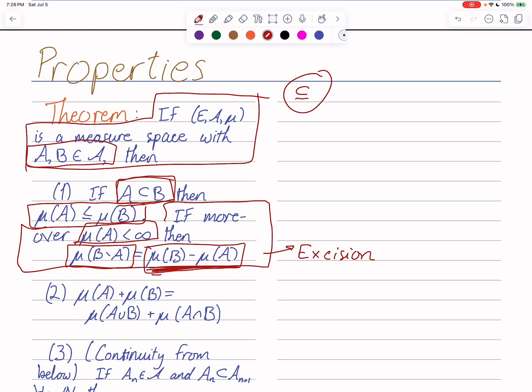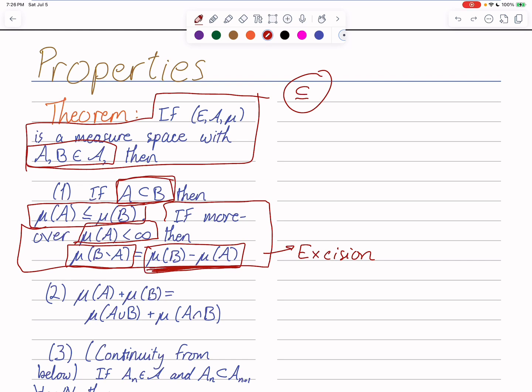You could run into a case where the measure of B is infinity, the measure of A is also infinity, and then you have infinity minus infinity, which is not well defined. So that's often a signal of where it can be important that your measures be finite.